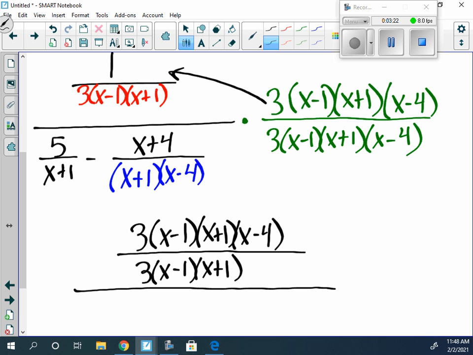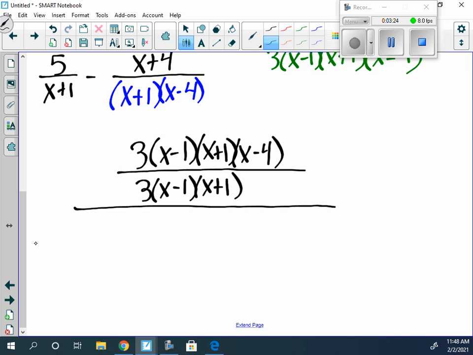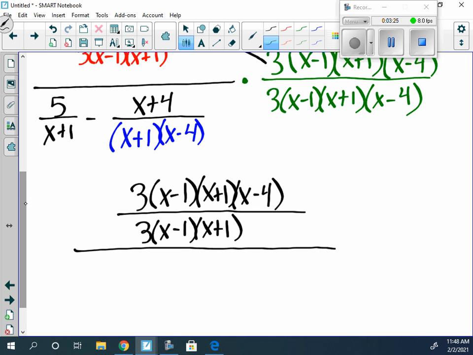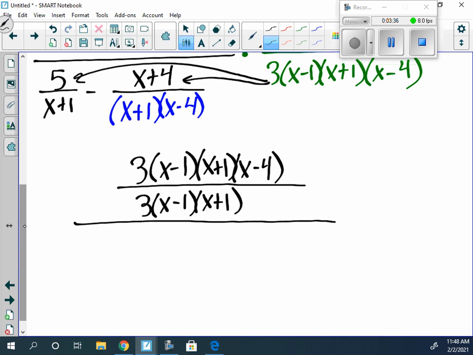Now the denominator, we're going to do the same thing, and we're going to multiply each of these fractions. So this whole thing is multiplied by 5, and then we'll multiply it by the x plus 4. So we multiply it by the 5. Well, 5 times 3 is 15. We'll go on and multiply that number. Minus 1 times x plus 1 times x minus 4.